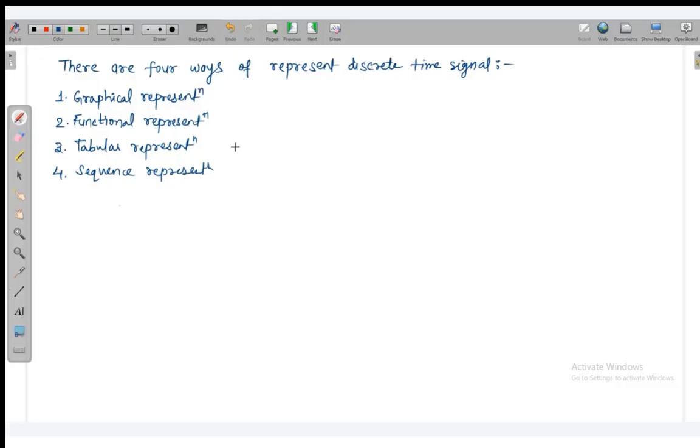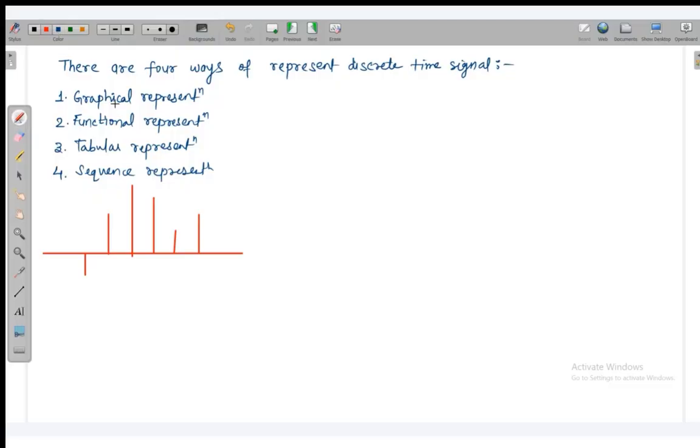Suppose the signal is, if the first way I am representing is the graphical representation, which we just did. Basically, at 0 we have taken 0. So let us say this is 3, this is 1, this is 2, and this is also 2, and let us say this is -1.